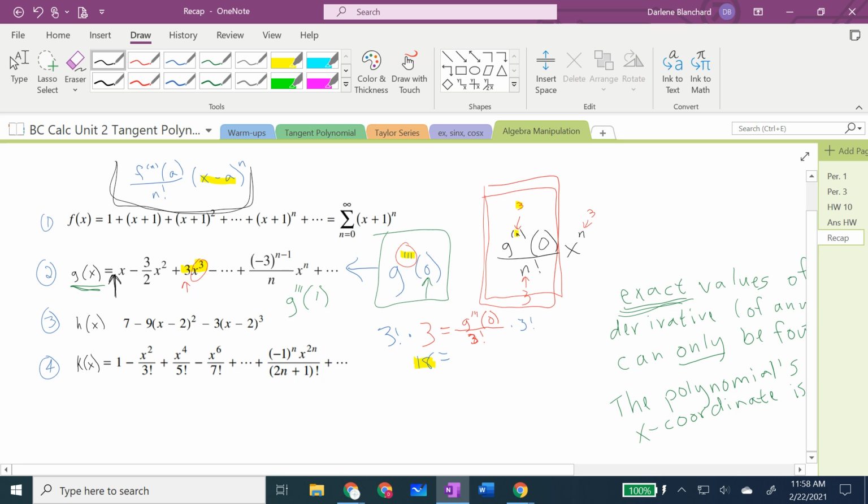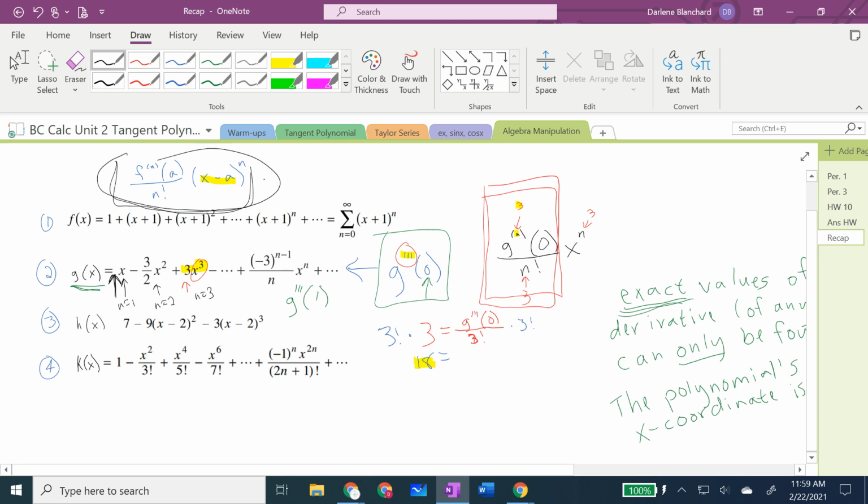When these polynomials are given to you, they will always be given to you in ascending order. And that means the first term is the constant term. And I don't have a constant term on this one. So if I'm looking at its matchup with the actual Taylor formula here, then this is when n is 1, this is n equals 2, and this is n equals 3.